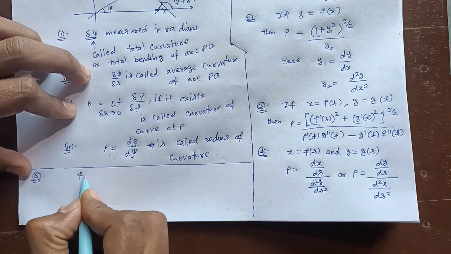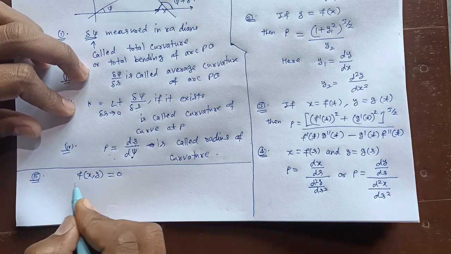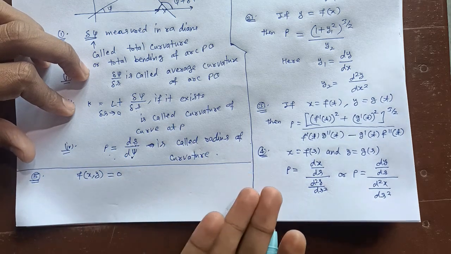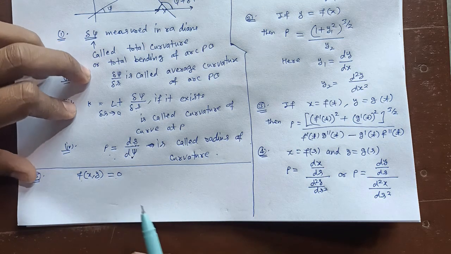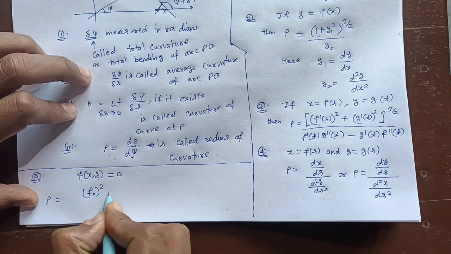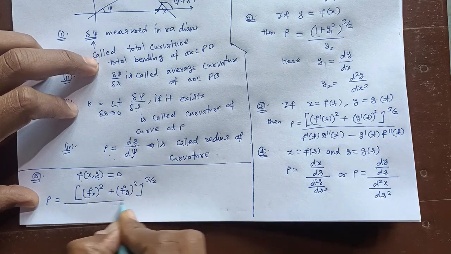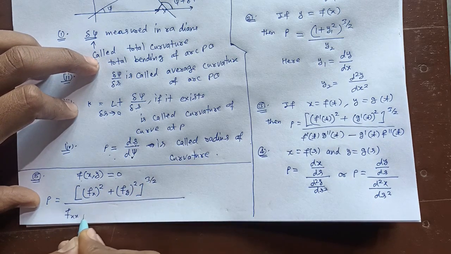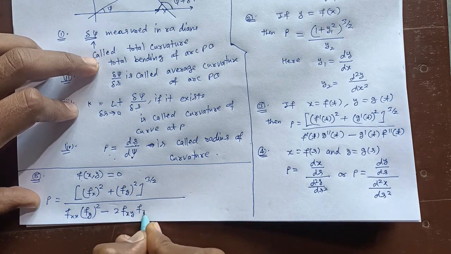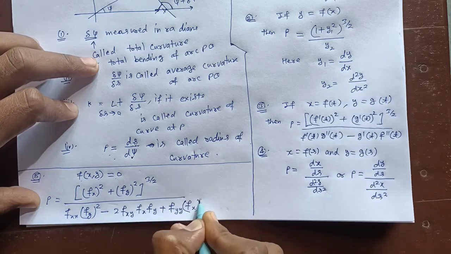If the equation is given in implicit form, meaning we cannot write y on one side and x on the other side, then the formula of radius of curvature is (fx square plus fy square) whole power 3/2 upon (fxx fy square minus 2 fxy fx fy plus fyy fx square).